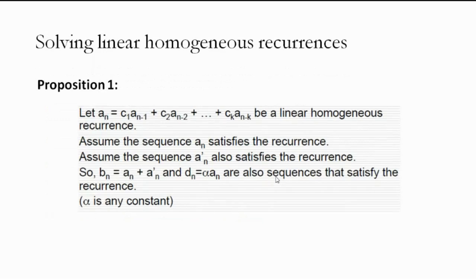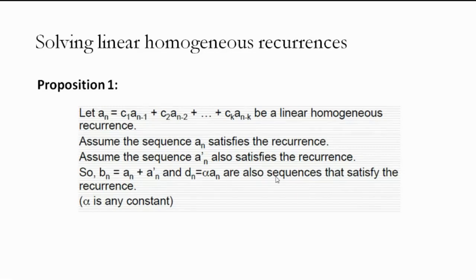So how to solve these linear homogeneous recurrences? This proposition is important and the next slide is also important. You can make short notes in your register so that you can understand the next slides. Let an is equal to c1 an minus 1 plus c2 an minus 2 plus and so on ck an minus k be a linear homogeneous recurrence.